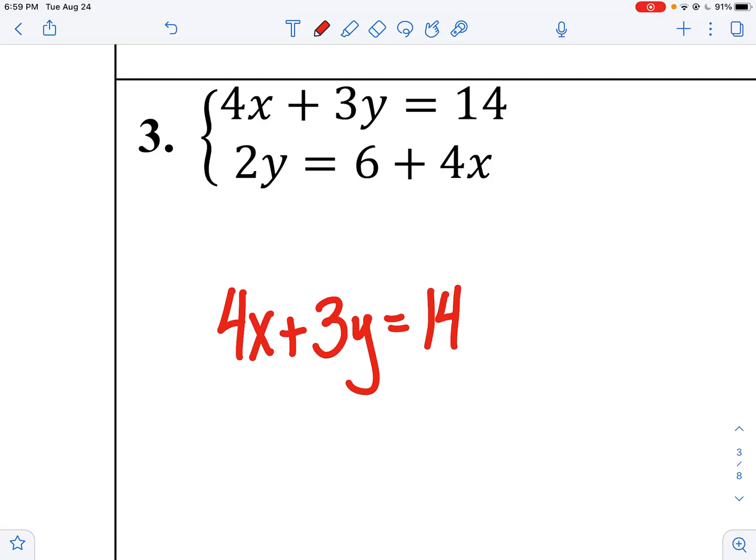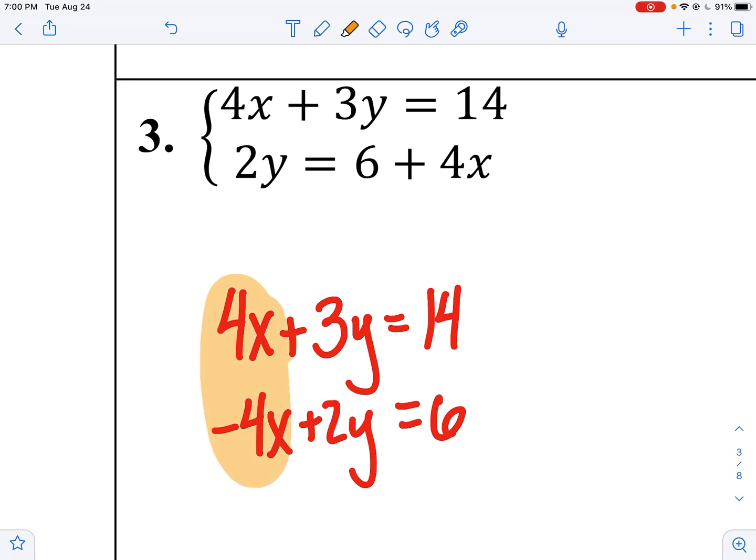We also have -4x plus 2y equals 6. So these would be my two equations if I got them in the same format. And you can see here that, oh, I didn't think I had opposites, but I really do.